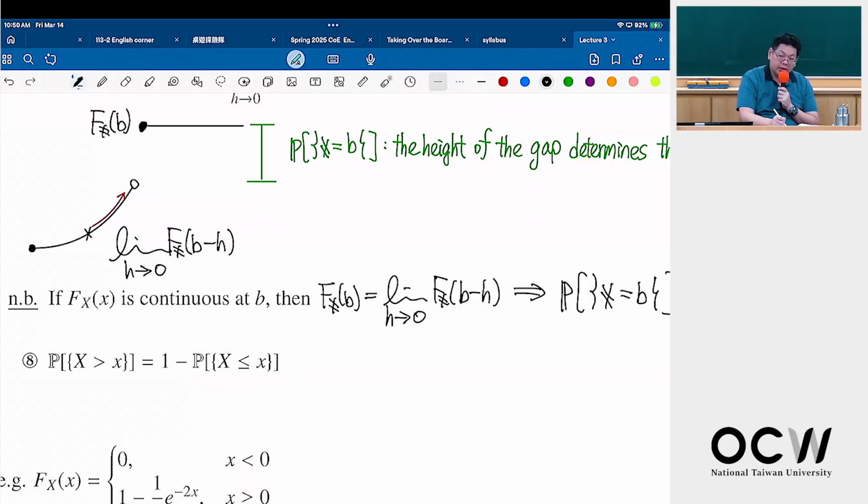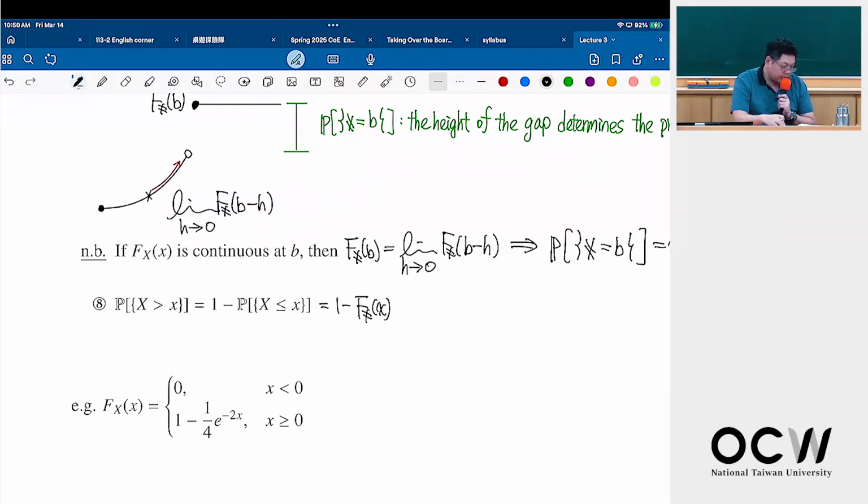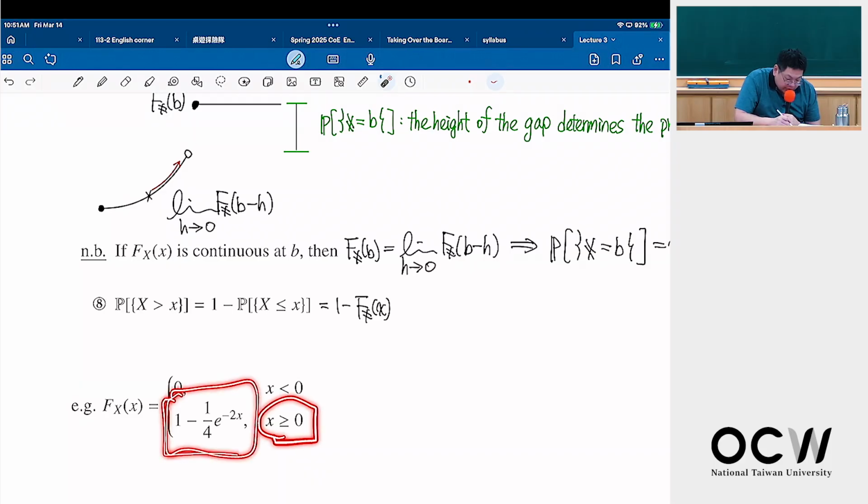This is our CDF. Let's see this example. I have our CDF. When x is less than 0, that's 0. But when x is greater than 0, I have this equation.